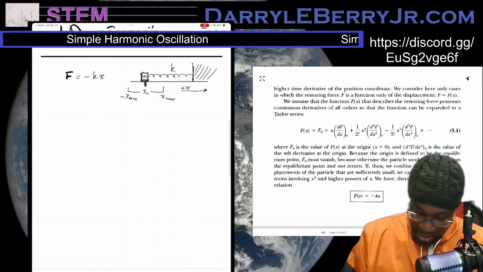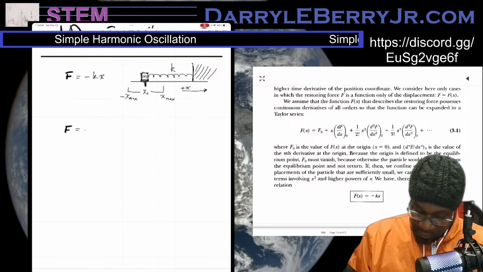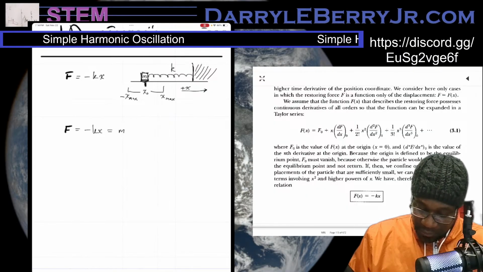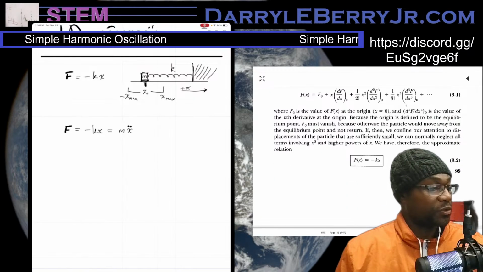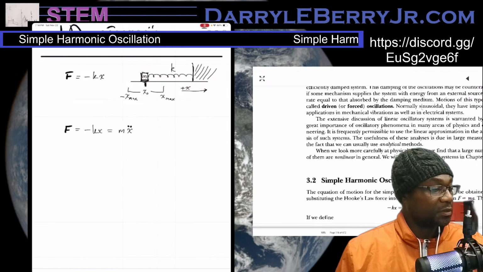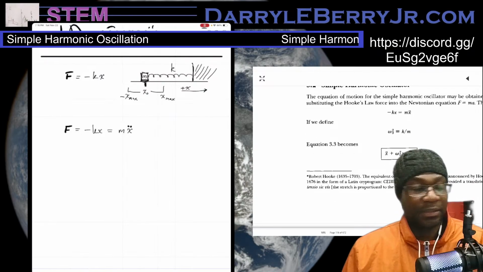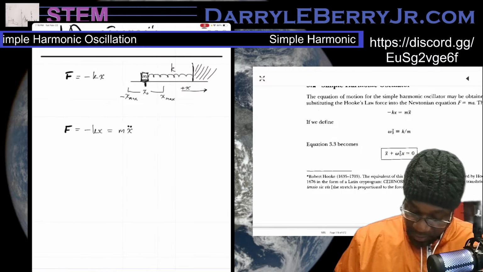So what we do now is we equate this to Newton's second law, which is what we get to on the next page here. And we can go ahead and get the angular frequency.